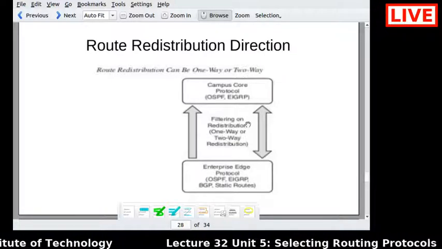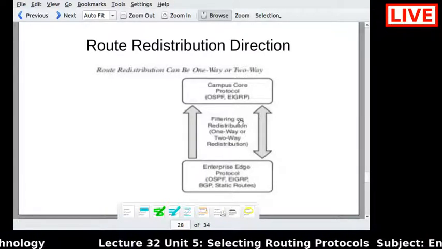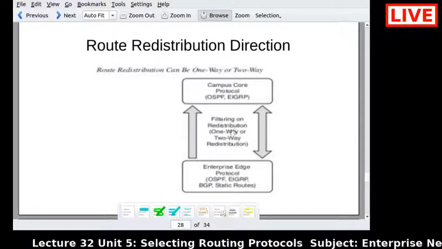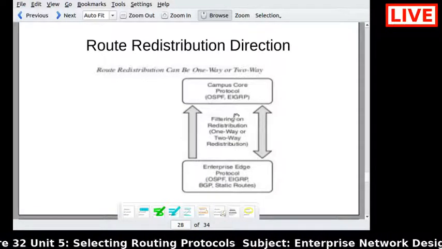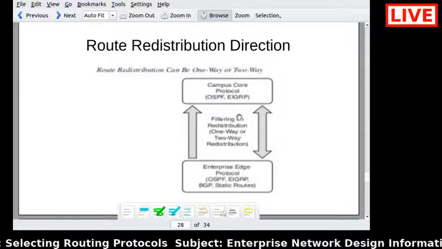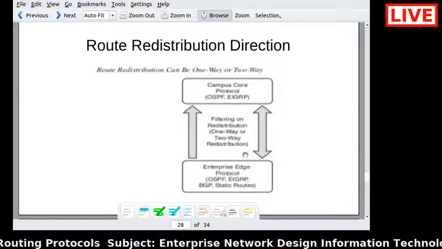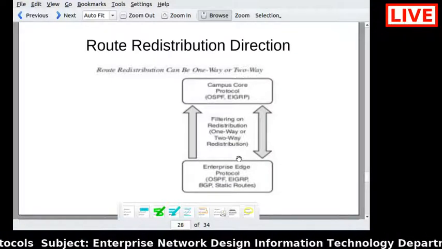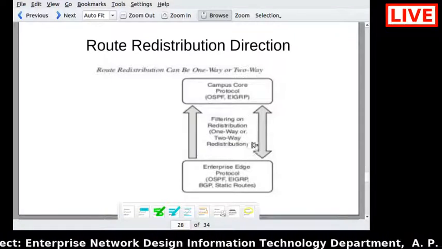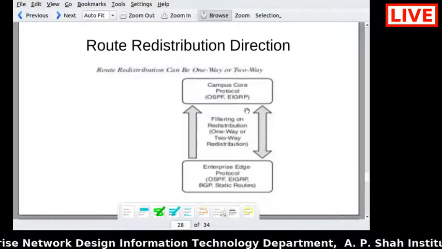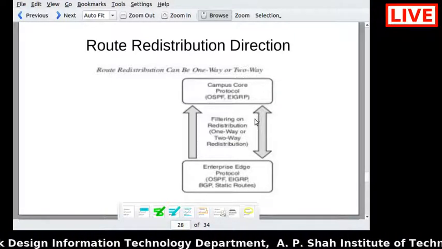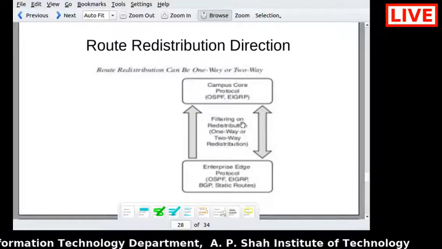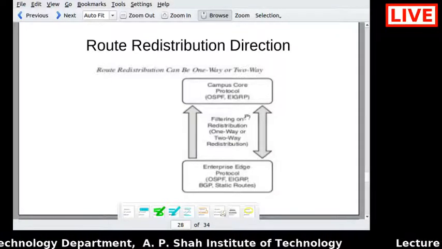And now two-way redistribution is for routing information that we want to redistribute from one routing protocol or domain to another domain, and vice versa is also possible. That means it is a both-way, full duplex connection, so static or default routes are not required in that case, because all routing information will be passed between these two entities.